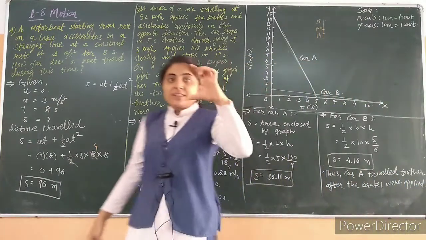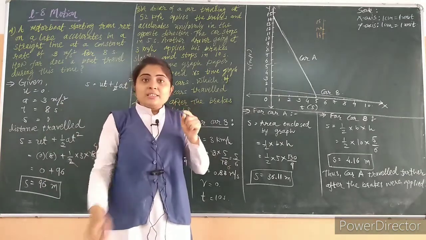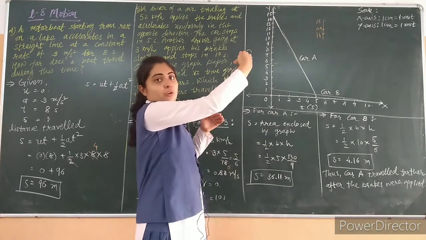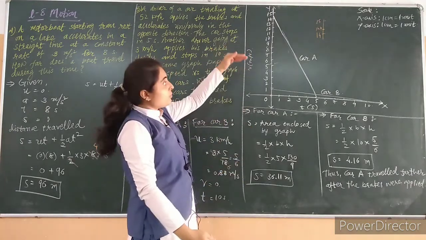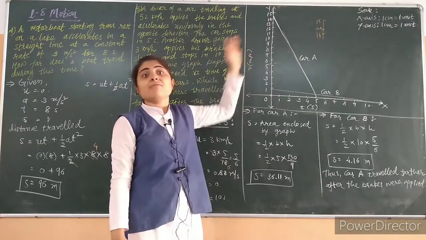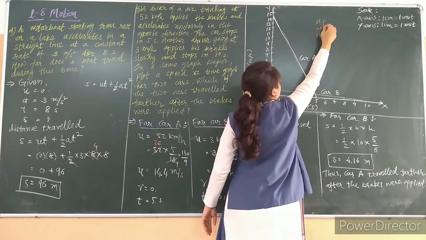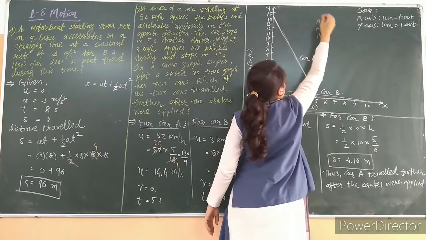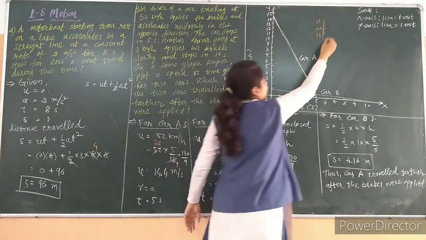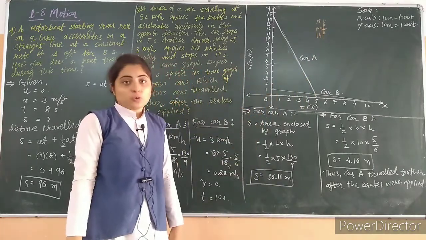Between 14 and 15 there are 10 lines, so each line represents 14.1, 14.2, 14.3, 14.4, 14.5, 14.6, 14.7, 14.8, 14.9 and 15. So we will plot this 14.4 at 4 lines above 14.